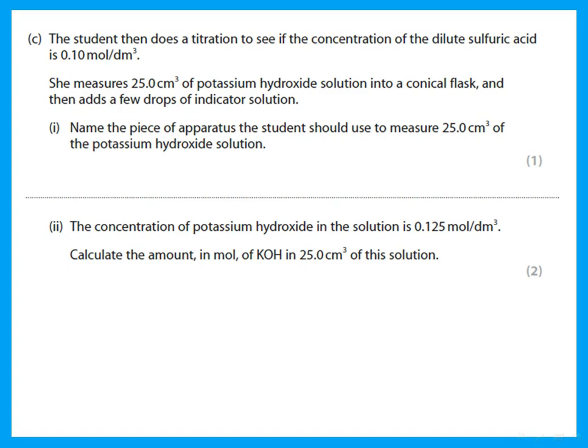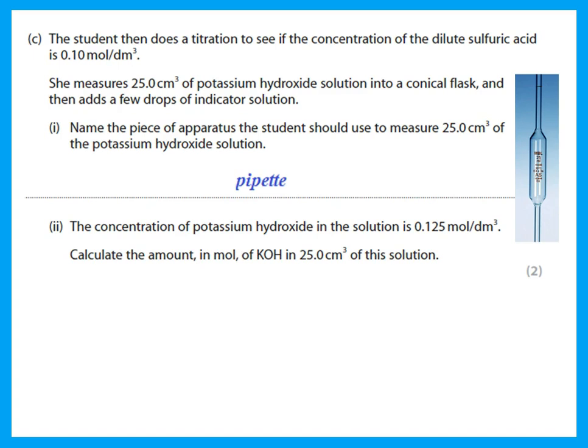Remember, when we do titration, to measure the 25 centimeter cubed of base to put it into the flask, we measure it using a pipette. Okay? The pipette is accurate. It measures exactly 25.0. Remember, we cannot use it for any other volumes. It doesn't have graduations, but it can be used to measure exactly 25.0 centimeter cubed of the base.